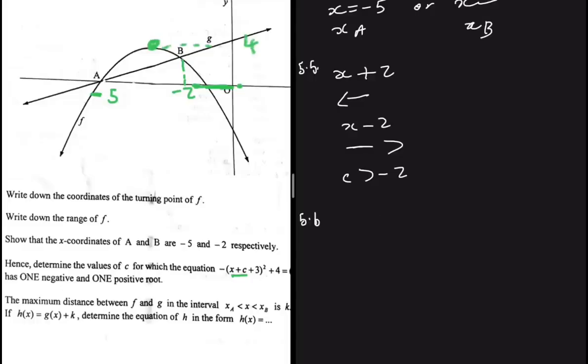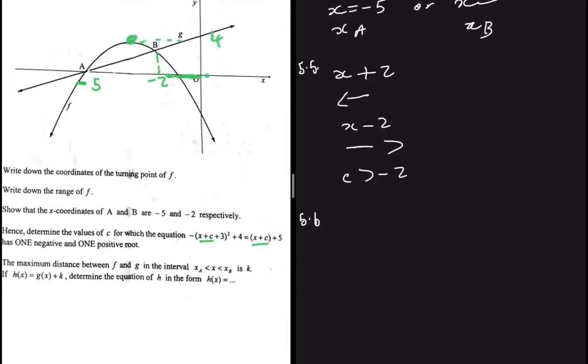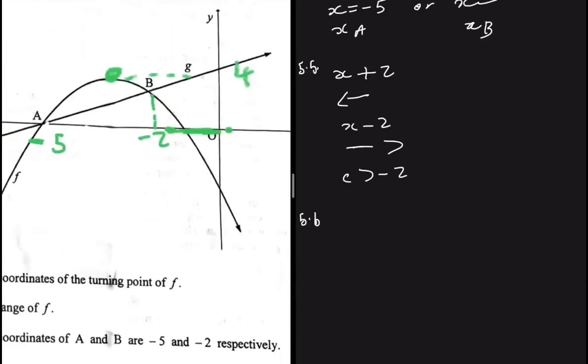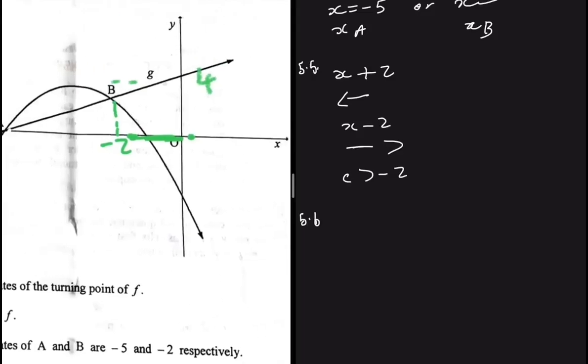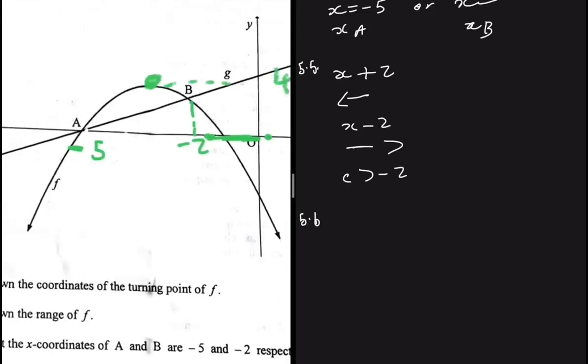5.6. 5.6 is saying that the maximum distance between f and g in the interval x of a and x of b. So yeah, in this interval, let me just erase this so that we can have a bit of clarity, right? Let me just put that there real quick, right?